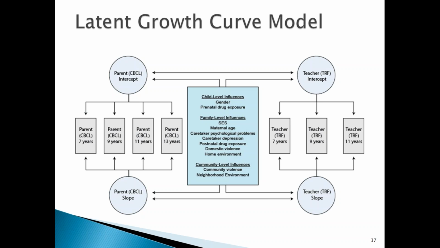We've used each of their measures in those boxes at 7, 9, 11, and 13 years as the manifest, or measured, variables. And then we were interested in these factors in the middle and how those influenced these trajectories. In addition, we wanted to look at how parent measures relate to teachers' measures.